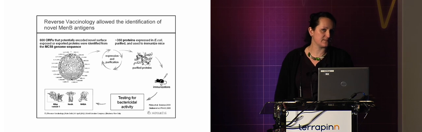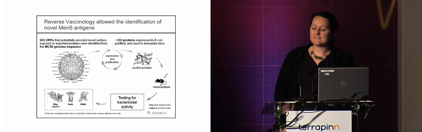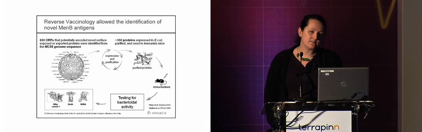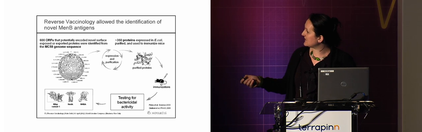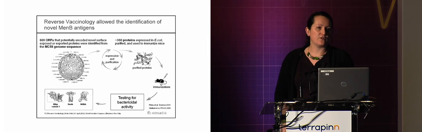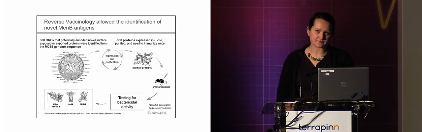The genome sequence was completed in 2000. Essentially, starting from the genome sequence, which contains over 2,000 genes, we used bioinformatic tools to identify approximately 600 open reading frames that potentially encode novel surface-exposed or exported proteins and as such are potential targets for the immune system.